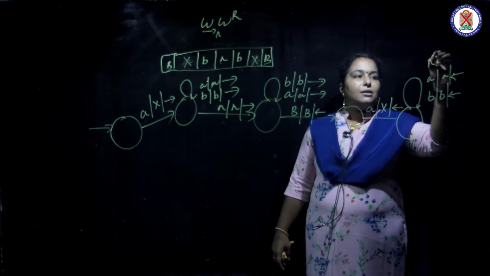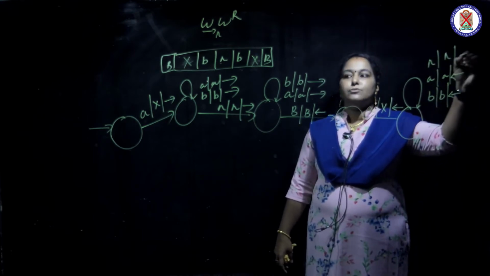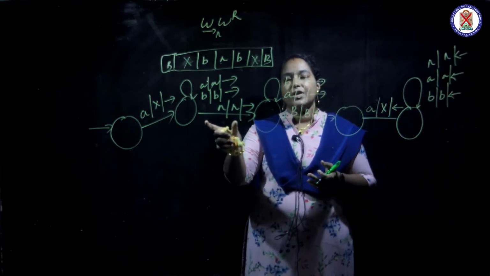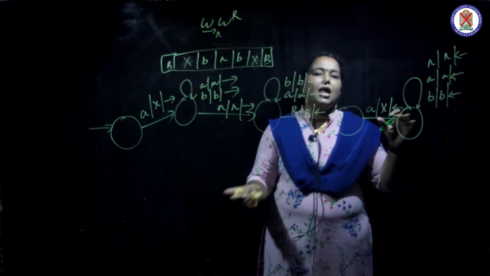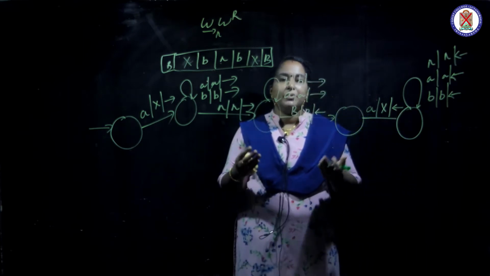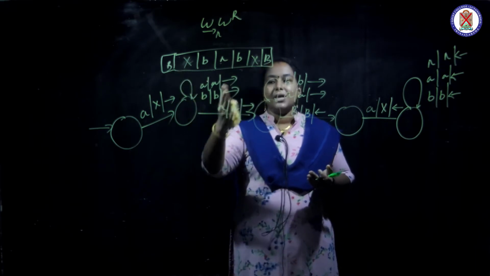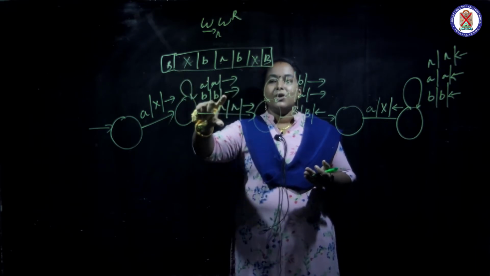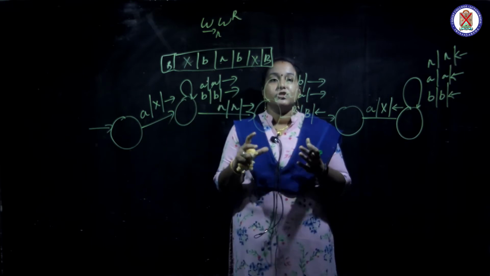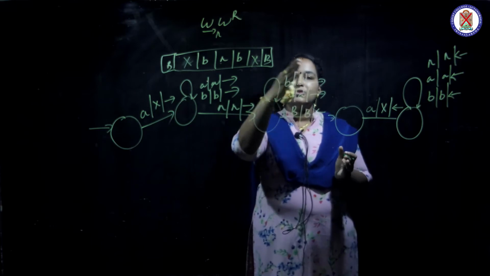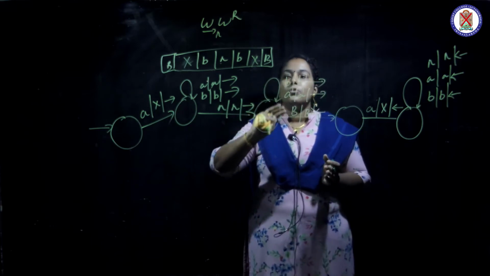And if null comes, I make it as null and move backward. Once again I am saying, since we have checked for one occurrence of null here, don't check it repeatedly, because only one null will be there between the blanks. If only one null is there, this machine will move up to here, otherwise it will not move, because there is no transition here repeating for null.